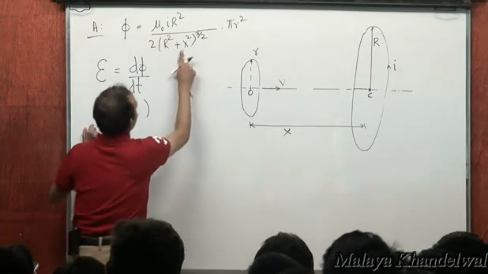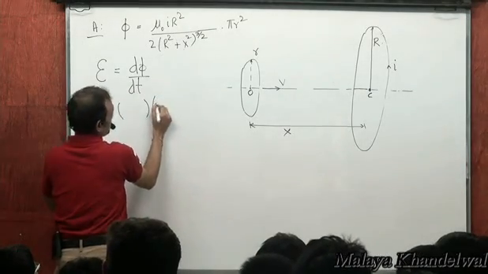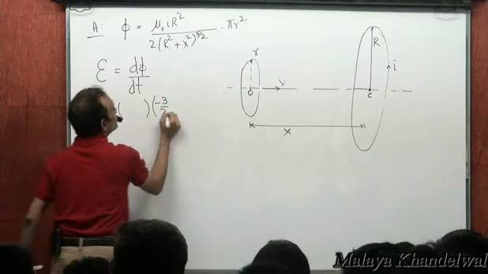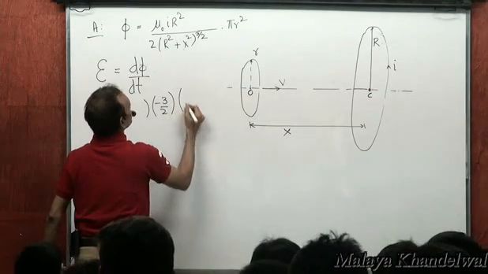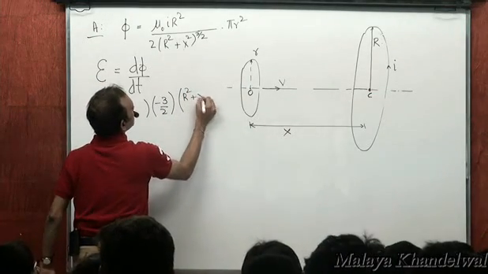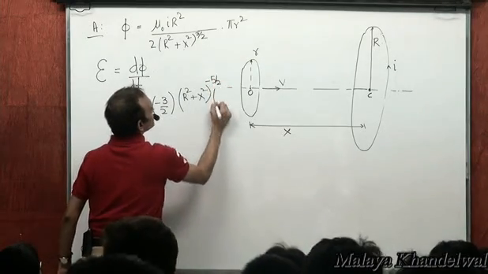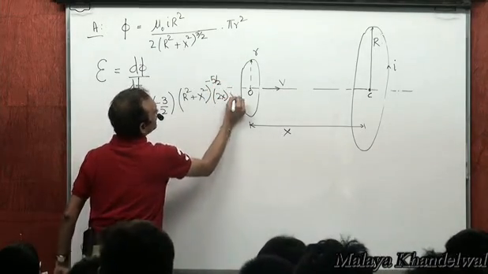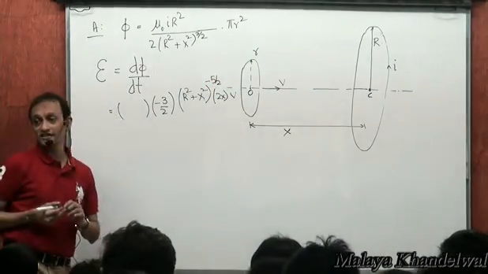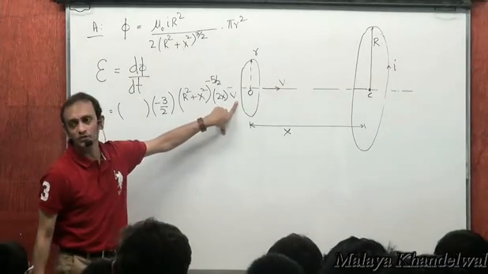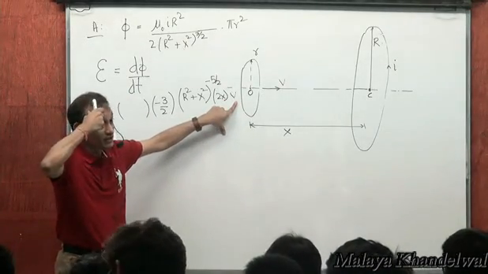And when I differentiate this, I get a minus 3 by 2 (R squared plus x squared) to the power minus 5 by 2 into 2x into dx dt, which is v. I'm differentiating with respect to time. All of this is with respect to x, and then x with respect to time gives me v. Yes or no?